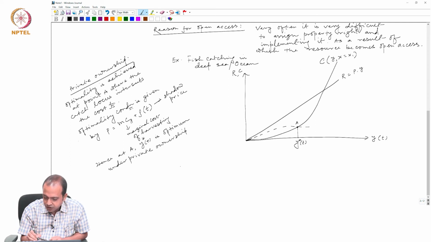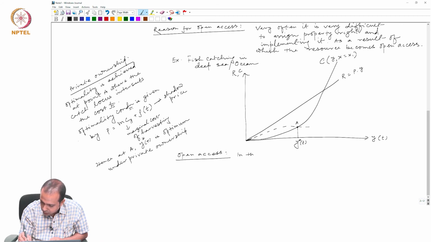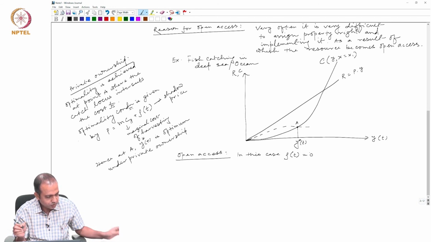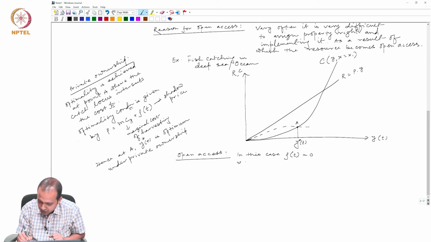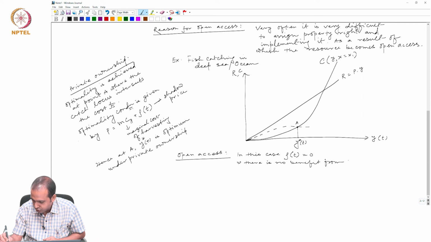Now, what happens in case of open access? In this case rho t actually equals 0. Why does rho t become 0? That means there is no benefit from future.